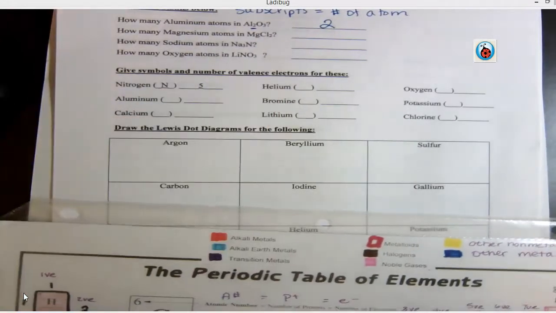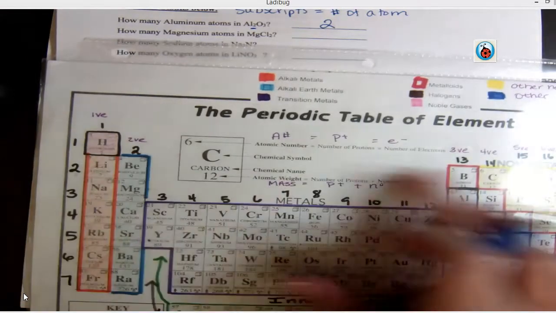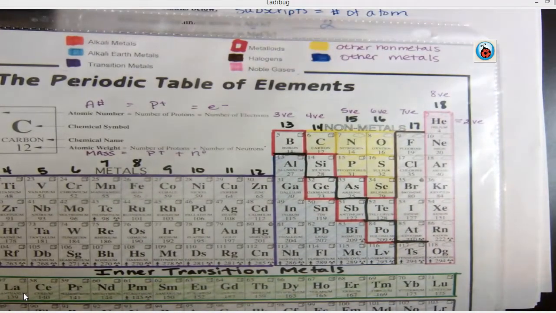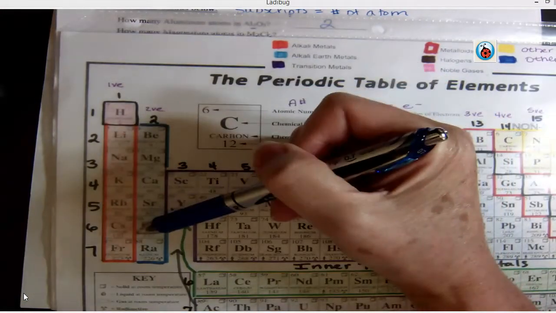Okay, give the symbols and number of valence electrons for these. If you did not write down your valence electrons on your periodic table back when you colored a periodic table, or you don't have a colored periodic table because you're starting in the third 6 weeks, I want you to write those on there. Let's recall real quick. Group 1 has 1 valence electron.